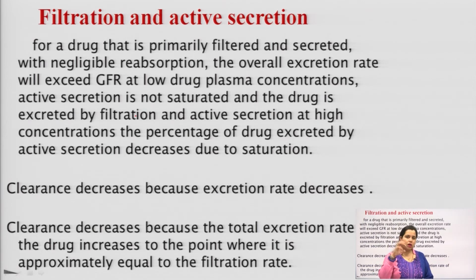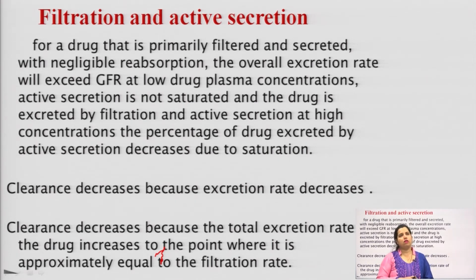If we take into consideration only glomerular filtration rate, the drug excretion will exceed it, and when we take filtration as well as active secretion into consideration, the drug excreted by active secretion decreases due to saturation. So, clearance decreases because the excretion rate decreases.